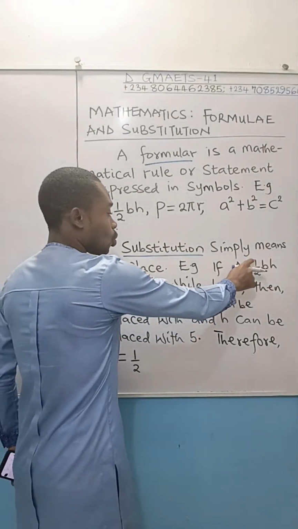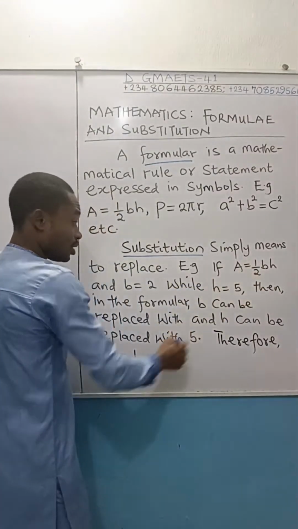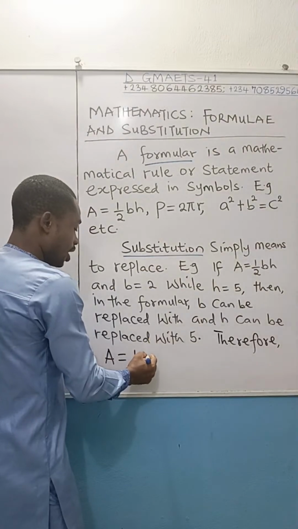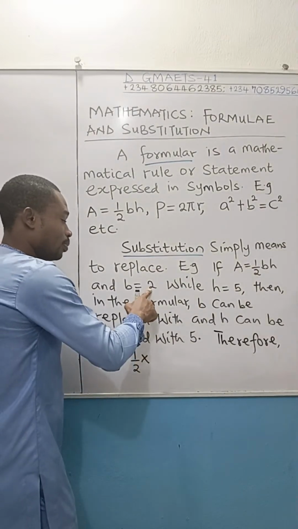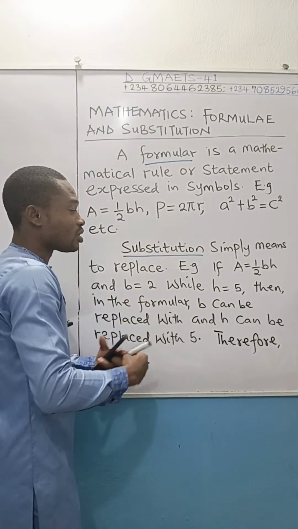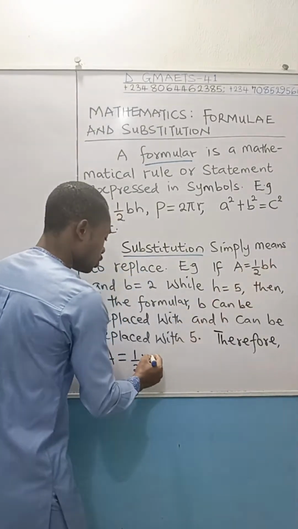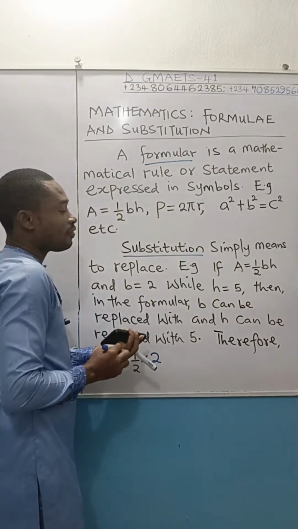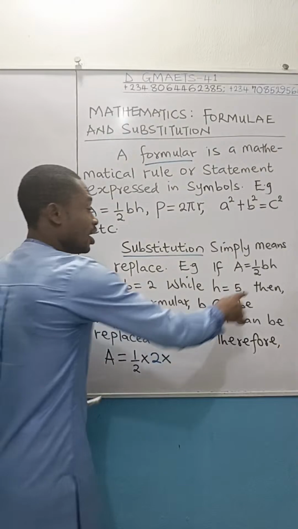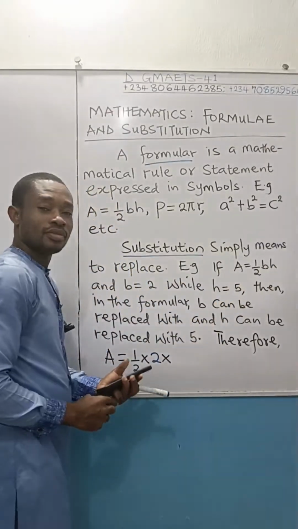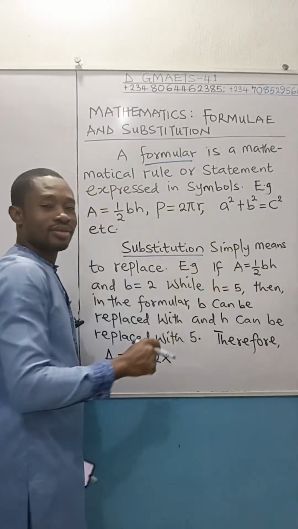A is equal to 1 over 2 times B. And what is our B? B is 2. So I am going to replace this B with 2. After that, you have times H. That H is 5. I will replace that H with 5.